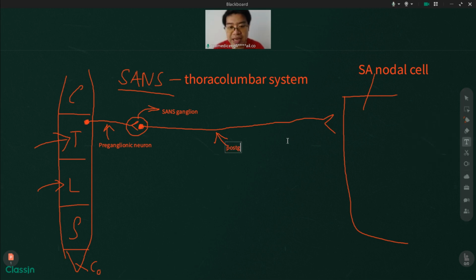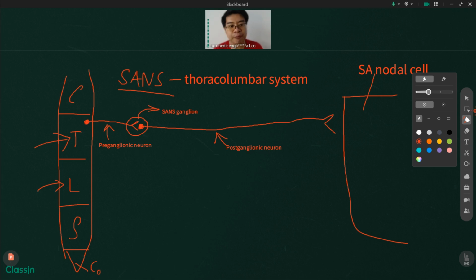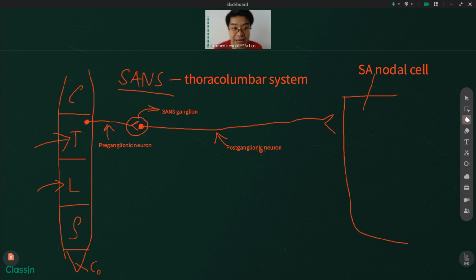Yes, the postganglionic neuron. So you have a preganglionic neuron and a postganglionic neuron going to the SA nodal cell. That is the sympathetic nervous system.